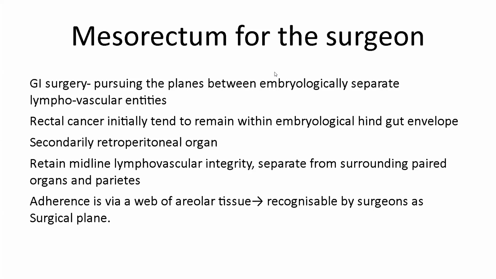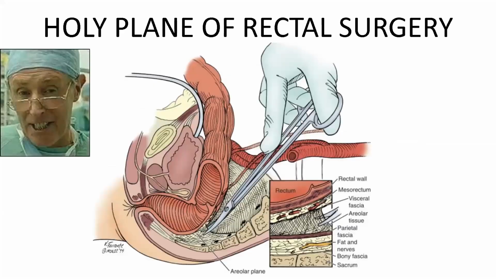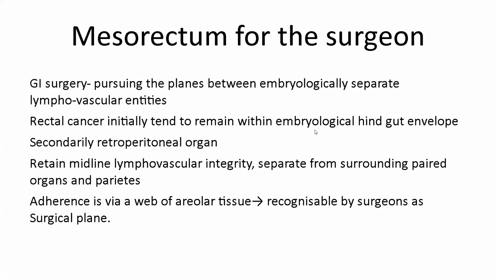Out of that, the important one is the plane between the fascia propria and the parietal pelvic fascia, which is now recognized as the holy plane of rectal dissection. Then we have to know the arterial anatomy and venous anatomy. Then, regarding the two different concepts which have evolved. That's all.